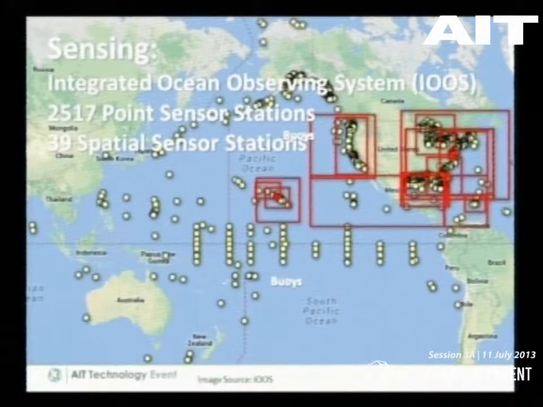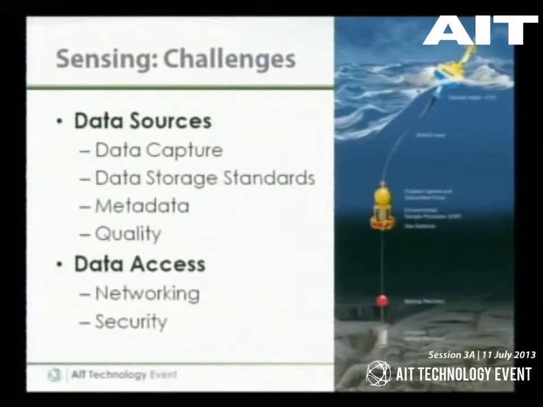Most of those are point sources, meaning that it only collects information at a single point, like a buoy. And some of those data sources are more something that can look at regions. So it could be satellite, but it's probably more likely something like a wave glider that is actually collecting data across space.